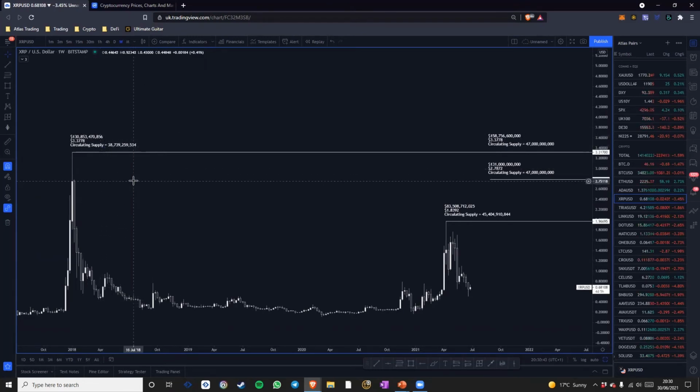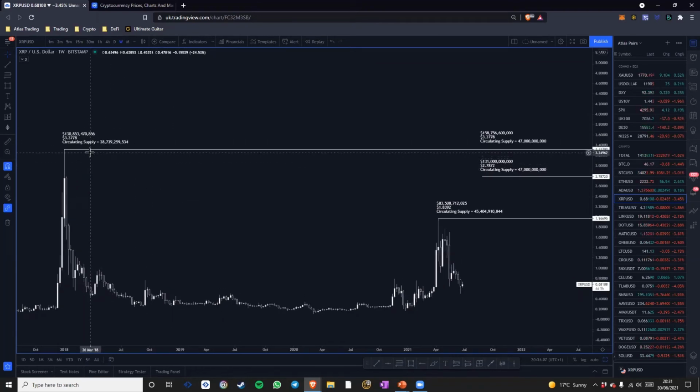So all I did was divide 130 billion by $3.37, which gave us our circulating supply of 38.7 billion XRP tokens at the time, which gave us our price at the time, our all-time high, $3.37.